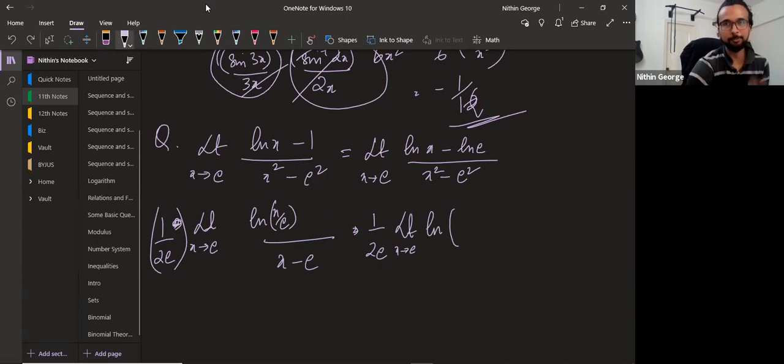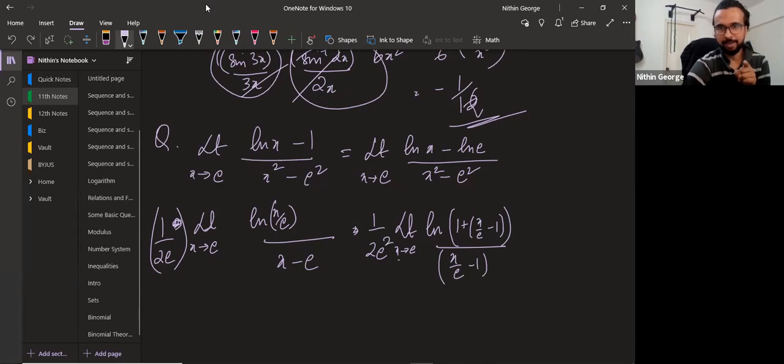Once I see ln, I'll try to bring it into that ln of 1 plus x form. So ln of 1 plus (x by e minus 1), divided by x minus e. I'll simply take e out from the denominator, and then I get x by e minus 1.